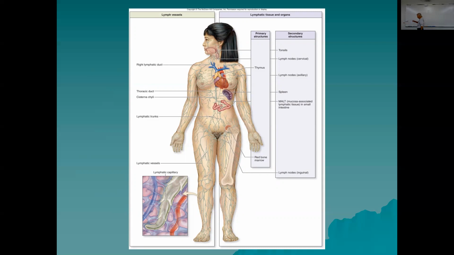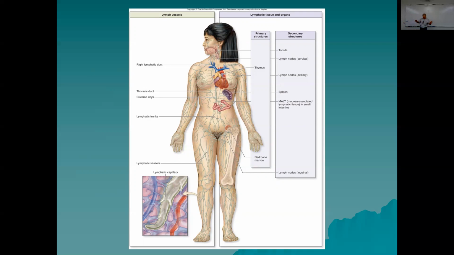Okay, then on the right, lymphatic tissues and organs, primary structures, the thymus and the red bone marrow. Then there are secondary lymphatic structures: tonsils, lymph nodes, spleen, and what's called MALT, mucosal associated lymphatic tissue.